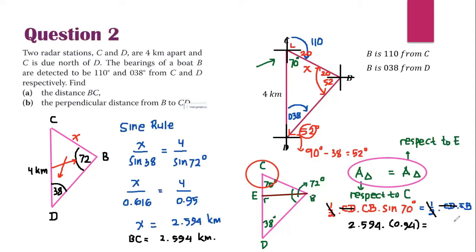And then for the right side is EB. By using calculator, EB is 2.438 kilometers. So the perpendicular distance from B to CD is 2.438 kilometers. Okay, that's the answer.